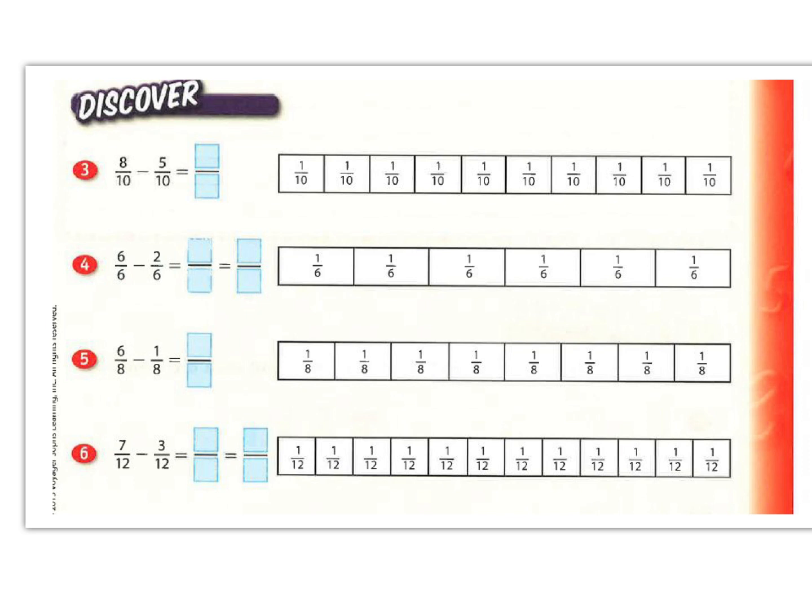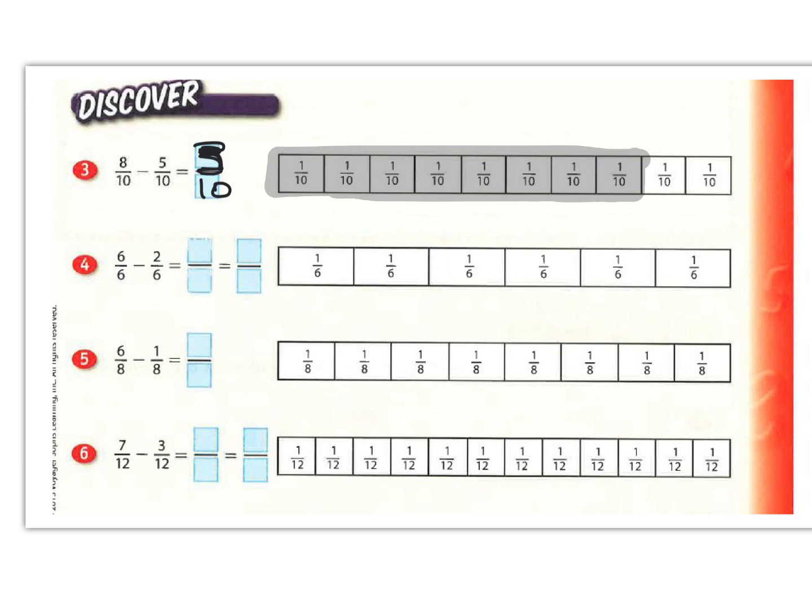Okay, when we have subtracting with like denominators, we can see 8/10 minus 5/10. Well, the denominator stays the same, and then we just subtract the numerators. 8 minus 5 is 3, 3/10. And we'll show this. So if we shade in 1, 2, 3, 4, 5, 6, 7, 8/10, okay, we have 8/10 shaded in.